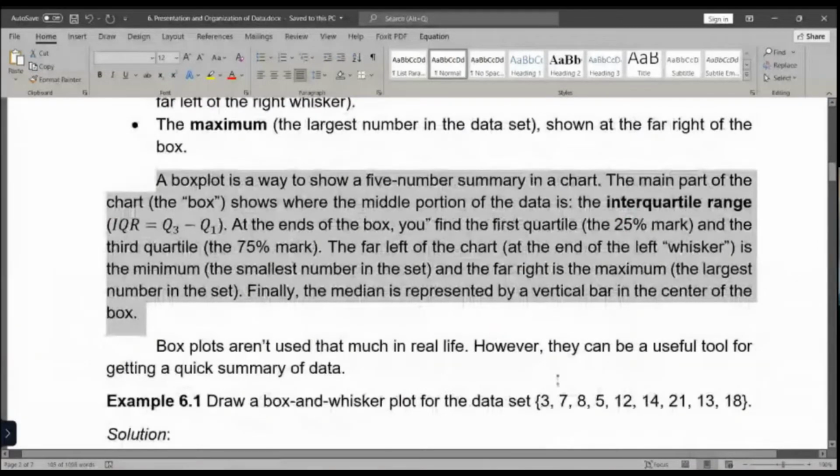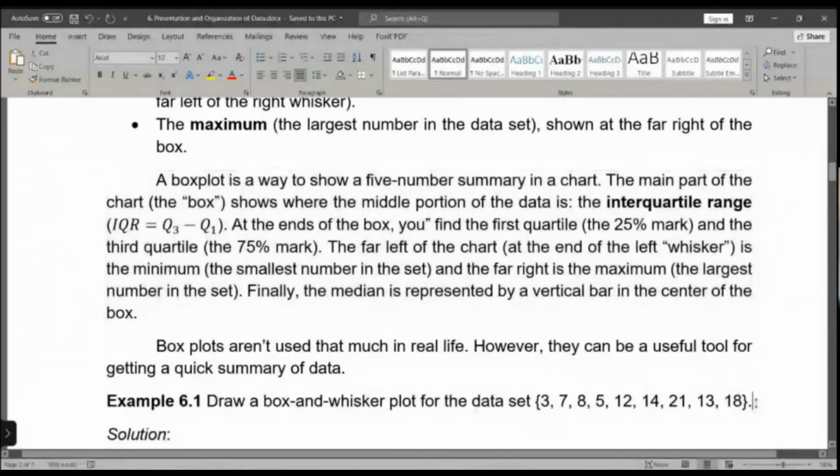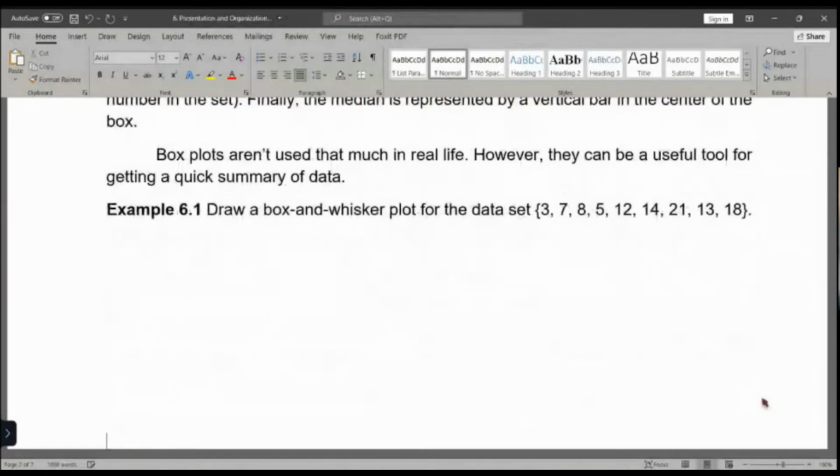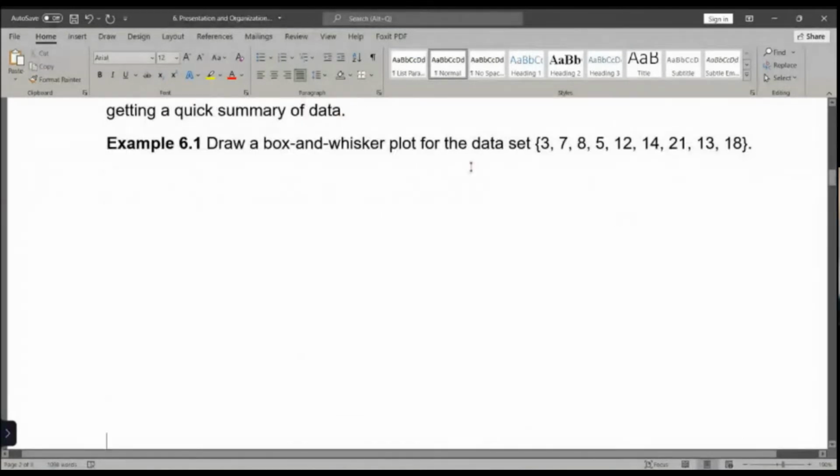Let's have examples para mas maintindihan natin. I draw a box and whisker plot for the data set given by this, for example, scores or values.